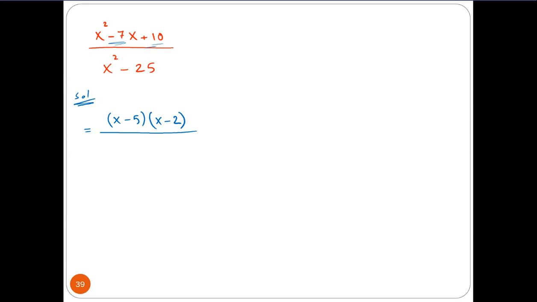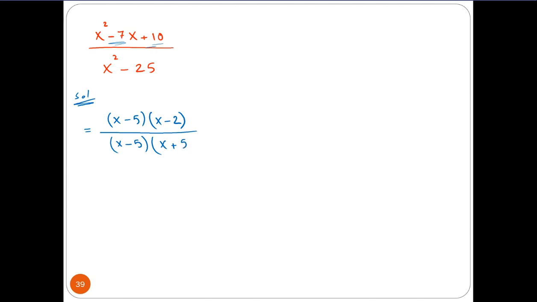and the denominator, how do we factor it? x squared minus 25. How can we find the factoring of the denominator? Come on, what is the result, Fatima? Good. x minus 5 and x plus 5.